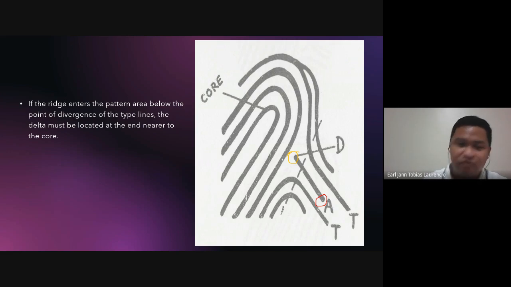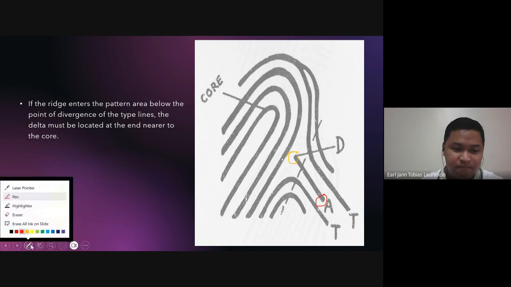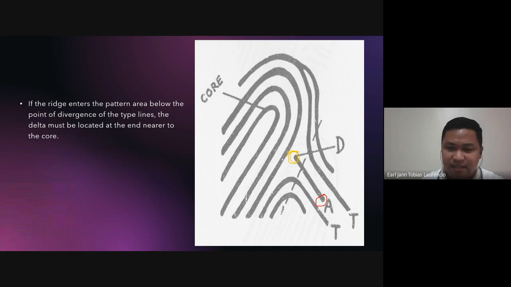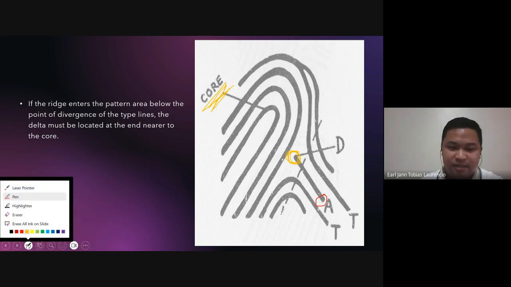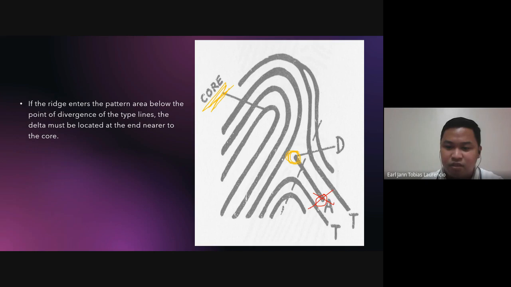If the ridge enters the pattern area below the point of divergence, the delta must be located at the end nearer to the core. The orange one was selected because that is the tip that is near the core of the pattern. We will not select this one because that end is far from the core of the pattern.